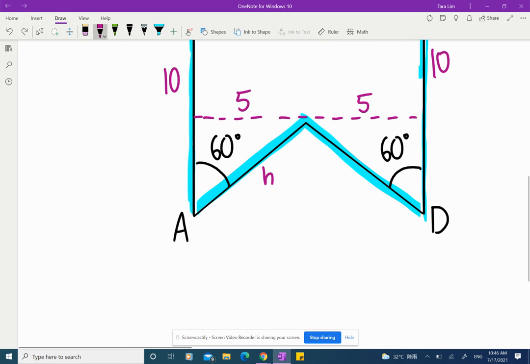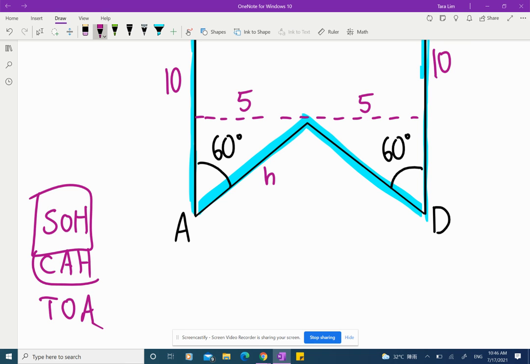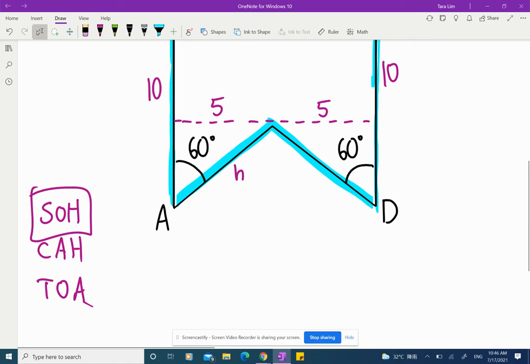So, are we going to use sine or cos or tan? We're using sine because we're given the opposite and we're trying to calculate the hypotenuse.